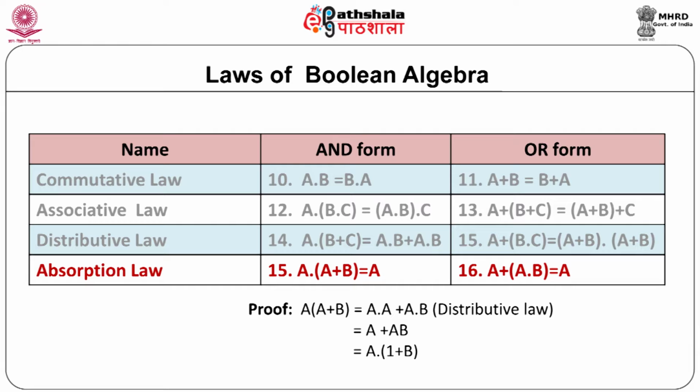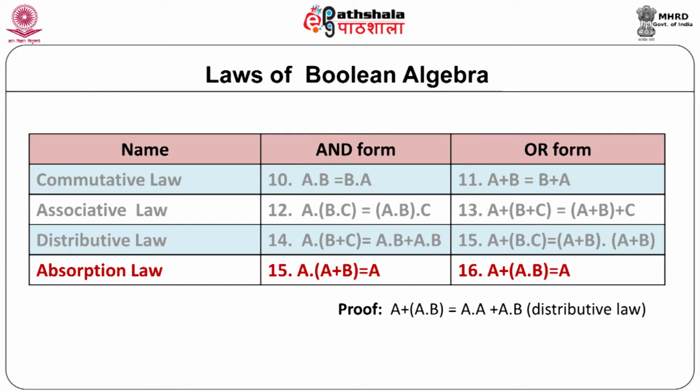So, we get A ANDed with (1 OR B), which gives A and 1, since 1 OR B is 1. Therefore, the result is equal to A. Thus, we have proved the absorption law.